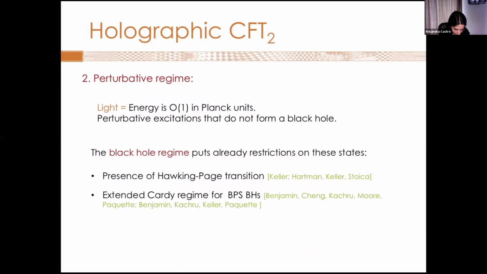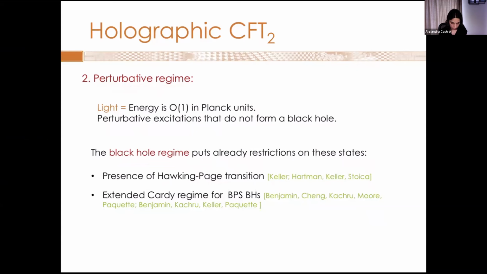And this requirement of having a black hole that dominates beyond what you expect from the Cardy formula already tells you something about this perturbative regime. For instance, these authors basically said, we want to have a Hawking-Page transition. If you want that, requiring that you have a black hole that dominates up to the Hawking-Page temperature will put conditions on this perturbative part.